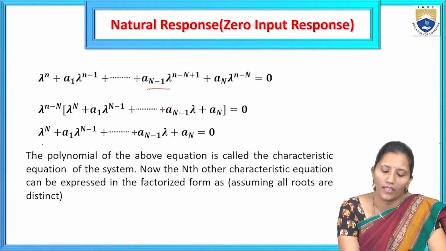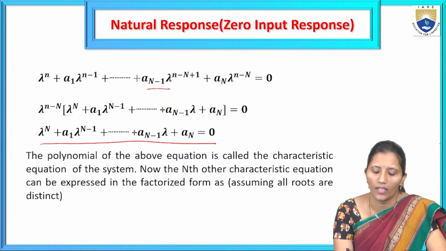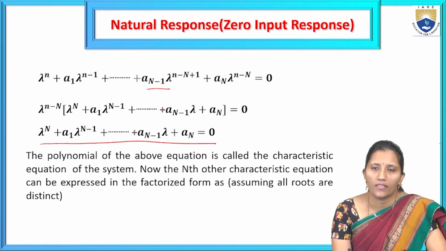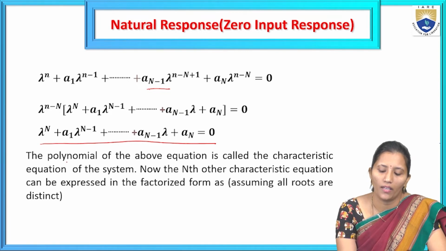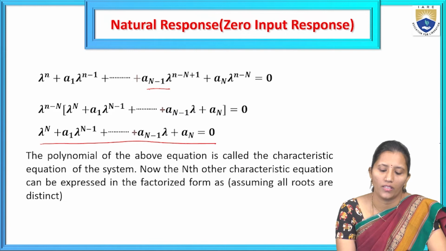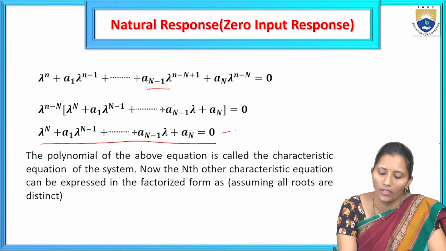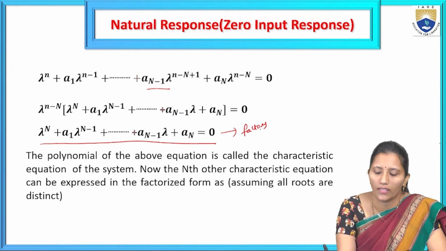And we have to write the characteristic equation from that equation, and find the roots of that characteristic equation. So here the polynomial of the above equation is called the characteristic equation of the system. Now the Nth order characteristic equation can be expressed in factorized form. So we have to find the factors of this characteristic equation.